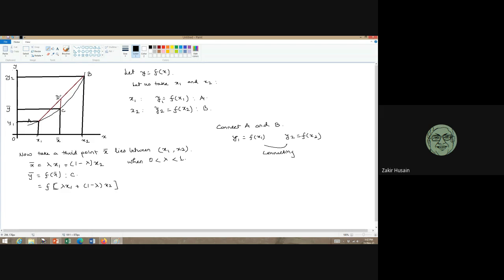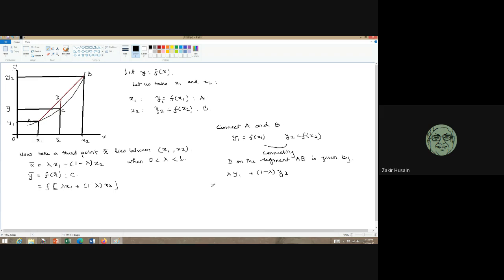And we call this point D. Now this point D on the segment AB is given by lambda y1 plus 1 minus lambda y2.